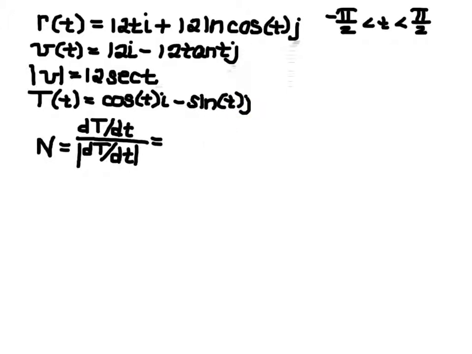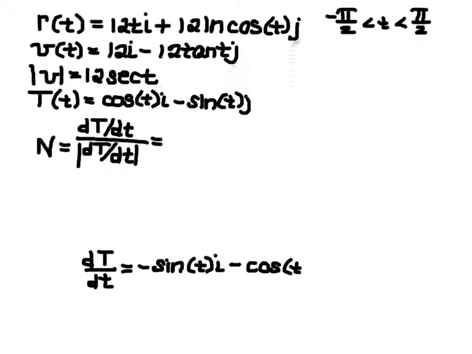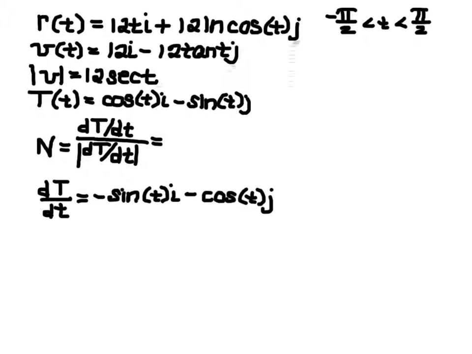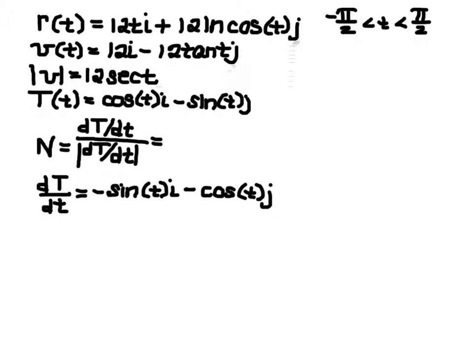The derivative of the cosine is a negative sine, so we have a negative sine of t in the i direction, minus the derivative of the sine, which is the cosine of t, in the j direction. That is the derivative of the unit tangent vector.